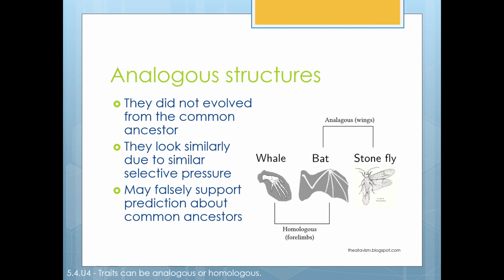But much worse are analogous structures. These are structures which look similar, but not because they had a common ancestor, but just because they were affected by the same evolutionary pressure. And now look at the right set of organisms shown here. Bats have wings, and stoneflies have wings as well. But their wings are present and they look similar, not because there was some common ancestor of bat and stonefly after which they both got their wings.